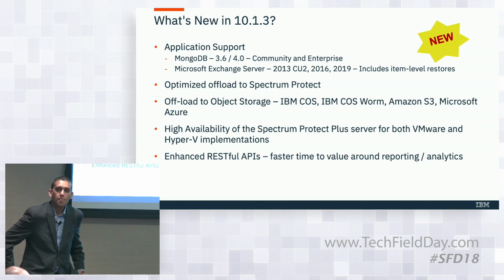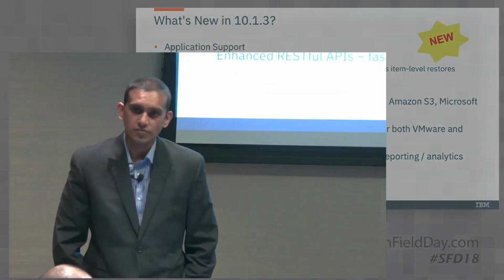So you're talking about Exchange Server and Exchange 365. Do you talk about any of the other Office 365 components? And I'm thinking specifically of SharePoint and OneDrive. Right. So for this release, we've just added the on-premises Exchange servers.